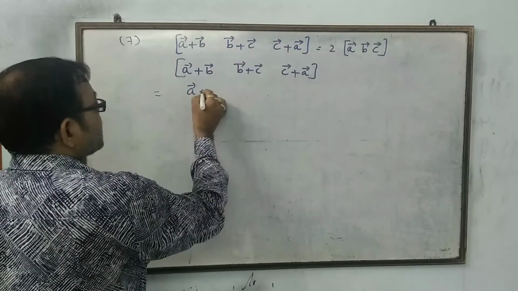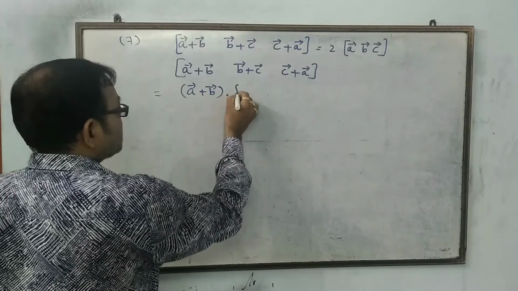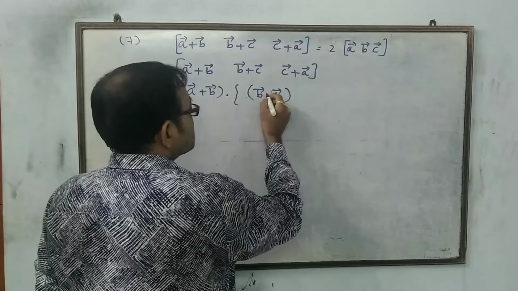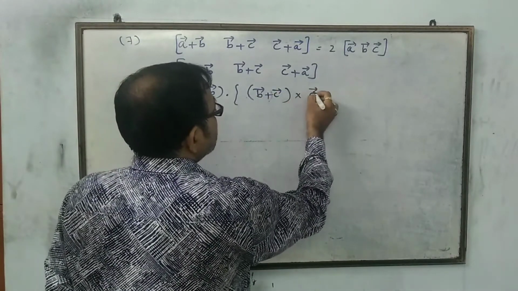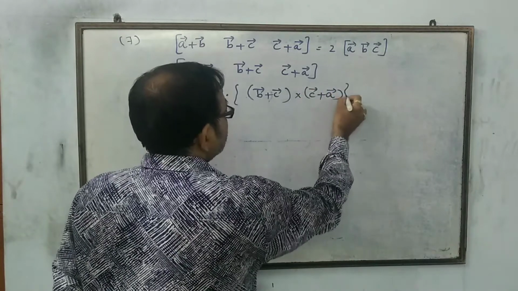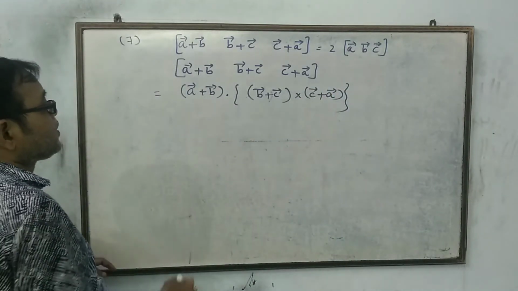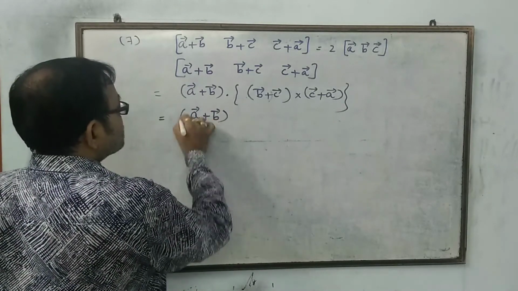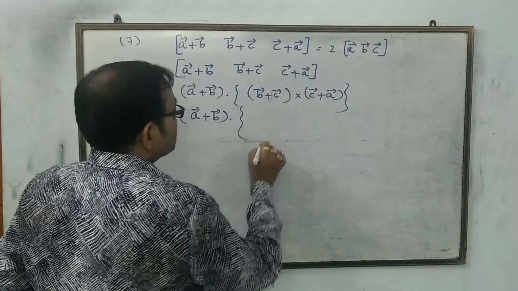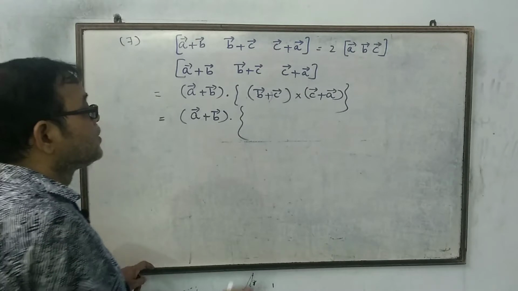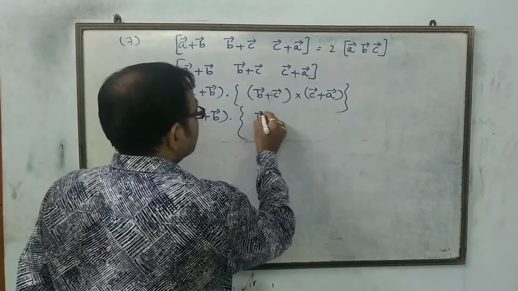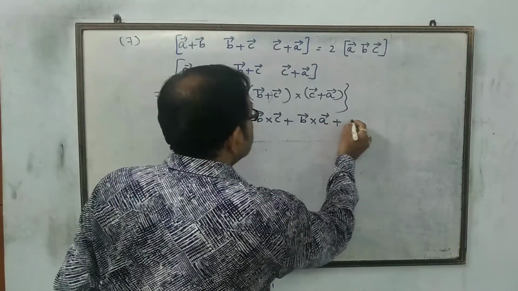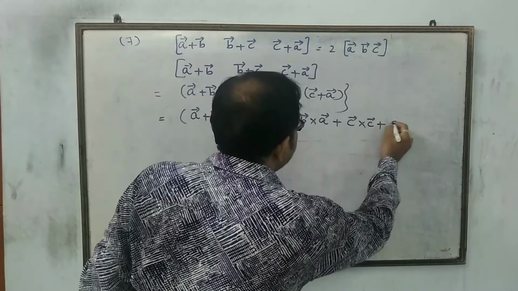So I can write it as A plus B dot B plus C cross C plus A. Now keep A plus B as usual, and solve the content in the bracket: B cross C plus B cross A plus C cross C plus C cross A.